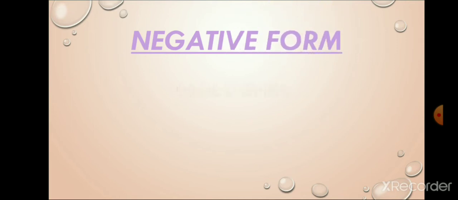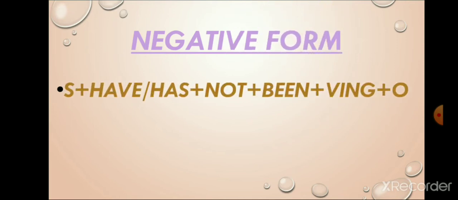So we can see some negative form and examples. The negative form of present perfect continuous tense is S plus have or has plus not plus been plus verb's fourth form, meaning VING, plus object.